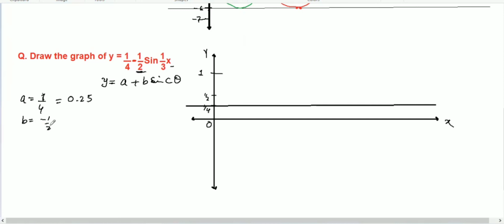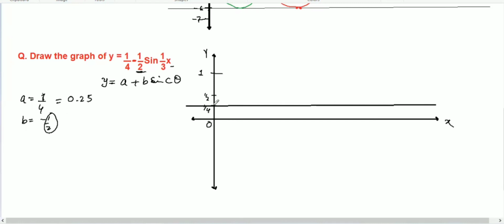And the graph will reflect in the x-axis as well here. As this is minus, the graph will reflect in the x-axis. The graph will not start from above. The graph starts from below. So first find out what is the amplitude of the graph.